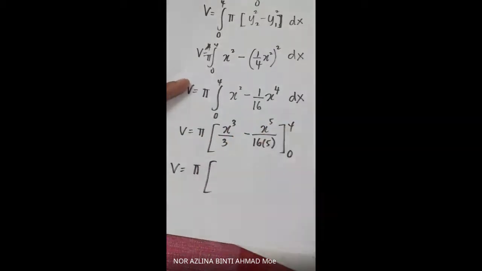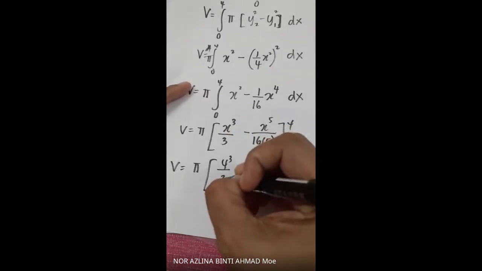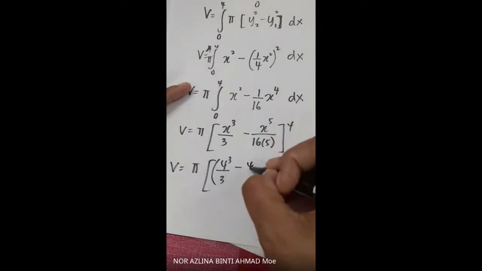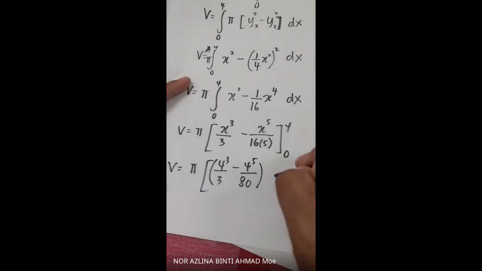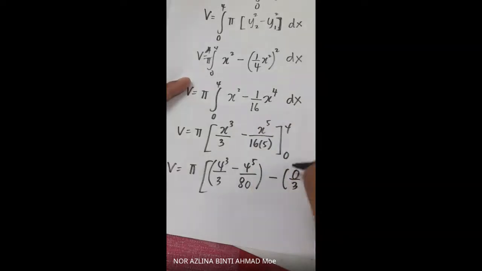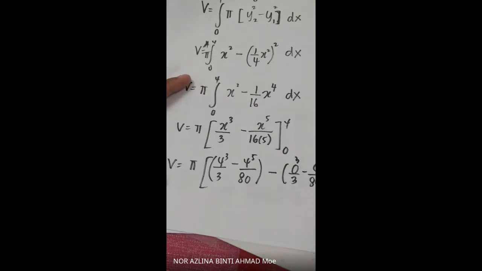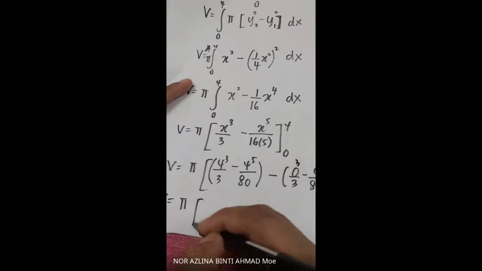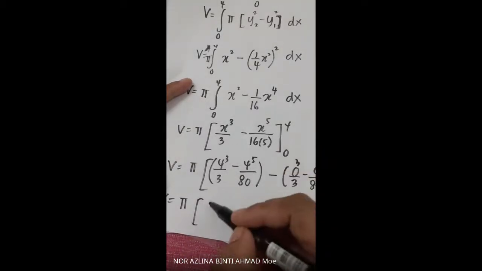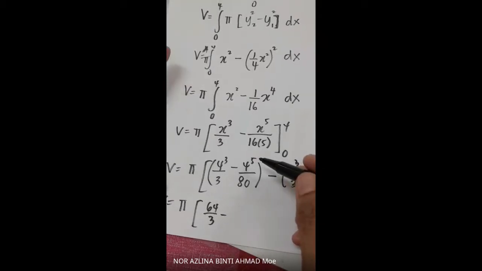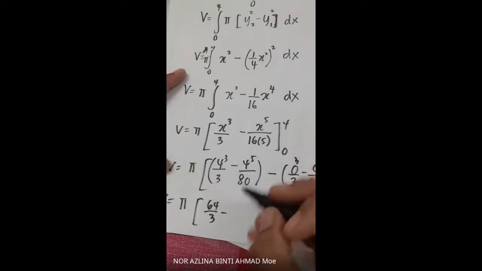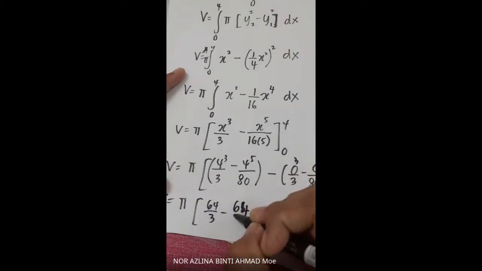So V equals pi, 4 cubed over 3 minus 4 to the power of 5 over 16 multiply 5, which is 80, minus 0 over 3 minus 0 to the power of 5 over 80. 4 cubed is 64 over 3 minus 4 to the power of 5 over 80, so you get 64 over 5.